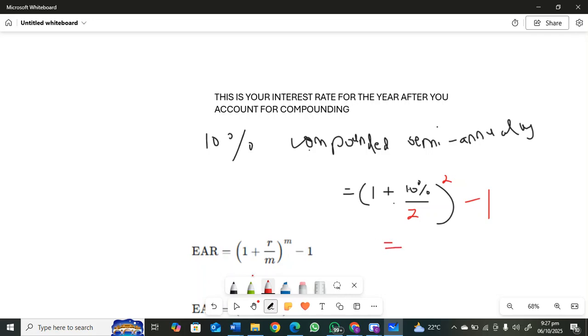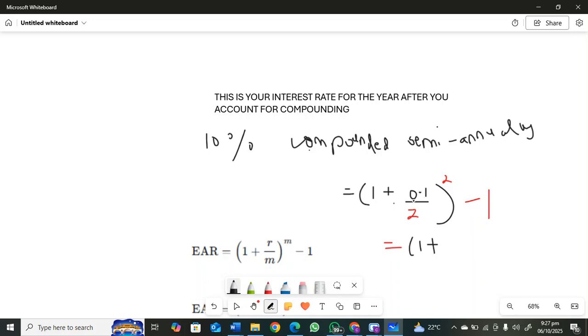So we're going to say 10% divided by 2, that is 5%. So you say 1 plus 5%. We'll just convert it into a decimal, okay, colleagues? Let's put the 10% as a decimal to make life easy. 10% as a decimal is 0.1.